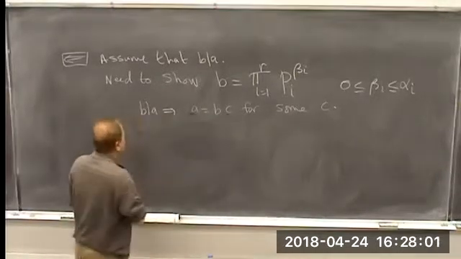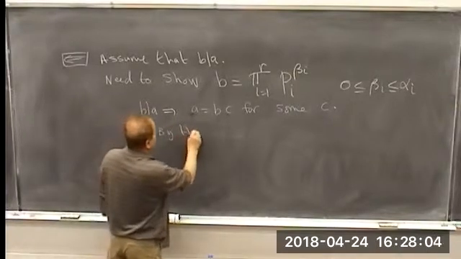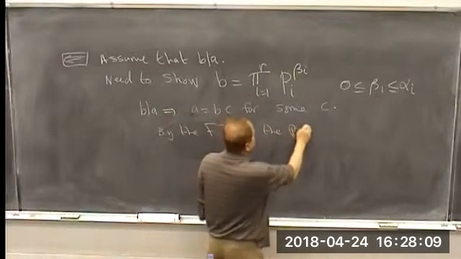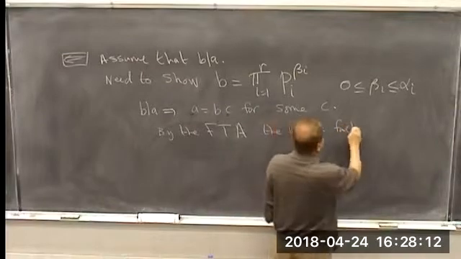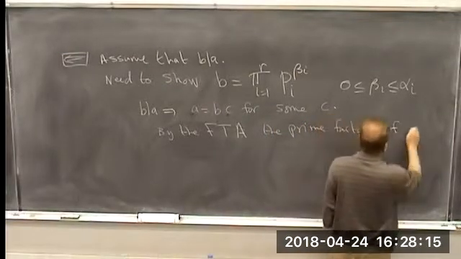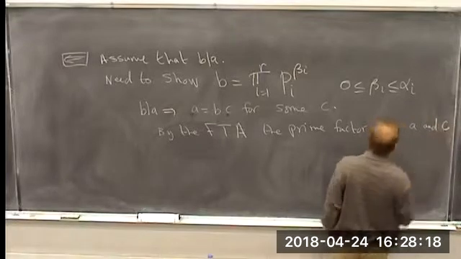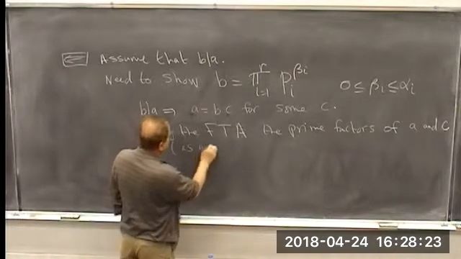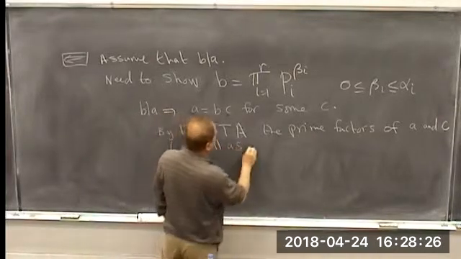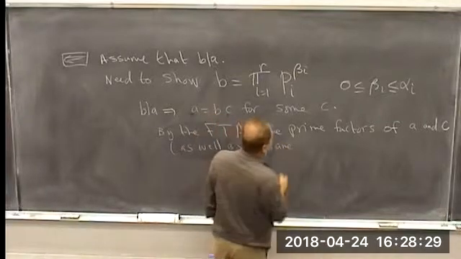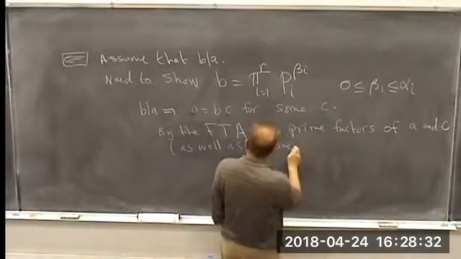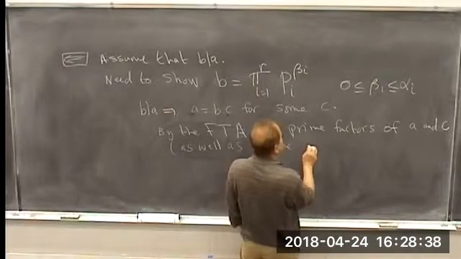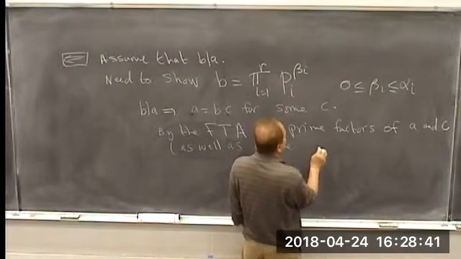Since by the fundamental theorem of arithmetic, the prime factors of A and C, as well as B, of course, are the same. How am I going to say this one?